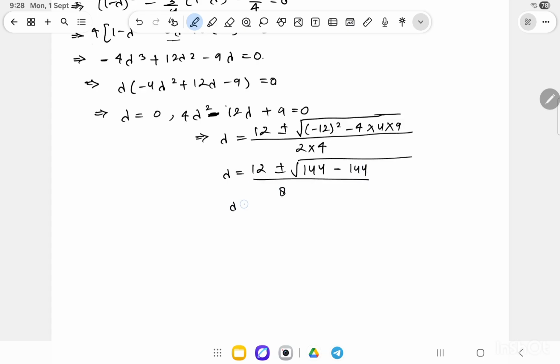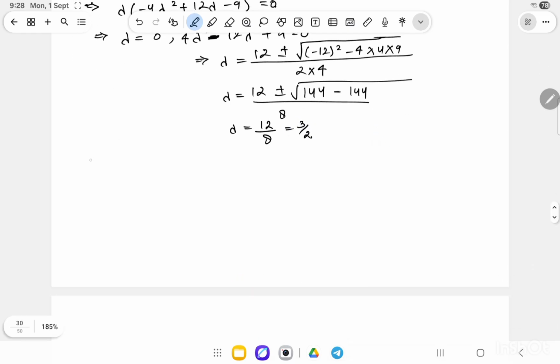So my other two lambdas are 12 by 8, that is 3 by 2. My roots of the discriminating cubic are 0, 3 by 2, 3 by 2. So one root is 0 and the other two roots are the same.